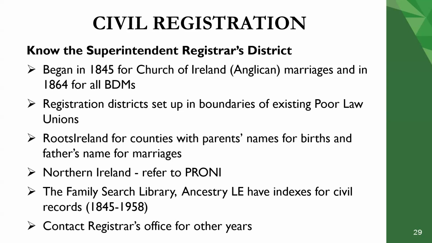But one of the nice things about it is it does list the parents' names on the registration, as well as the mother's maiden name. So that's always nice. Father's names will be listed on marriage records. So if you find a marriage record, you'll at least get the father's name, so that you can go back another generation.